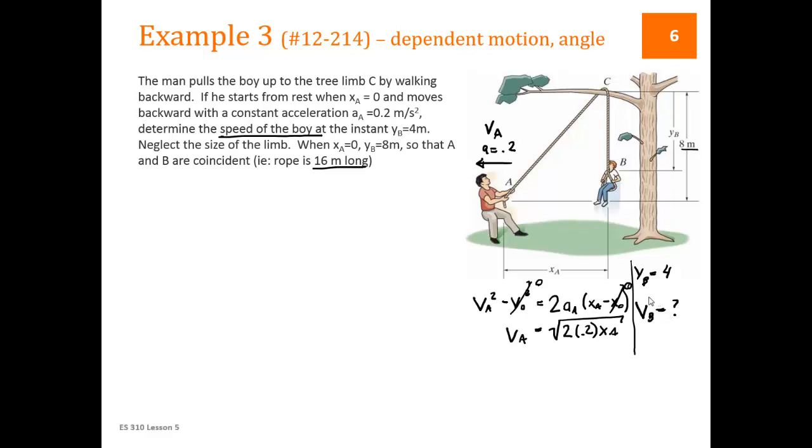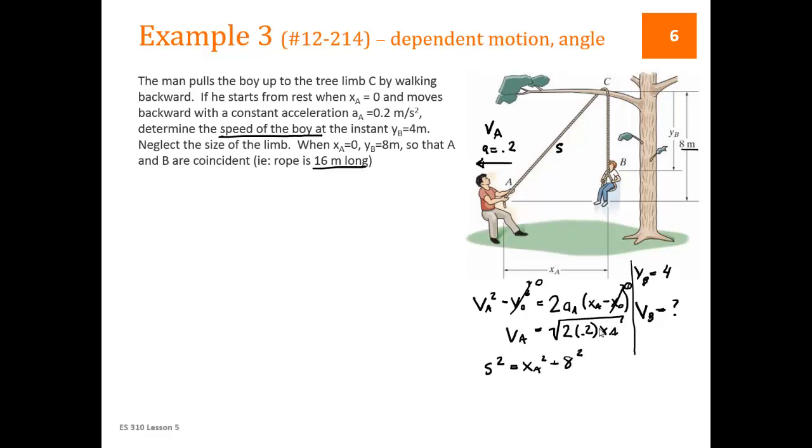What about XA? Well, this is a triangle. One leg is 8, the other leg is XA, and let's call this side S. So we know that S squared is equal to XA squared plus 8 squared.